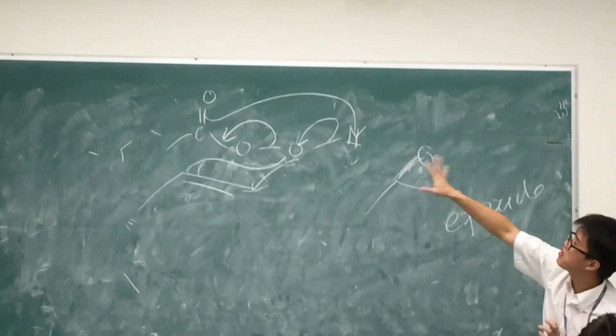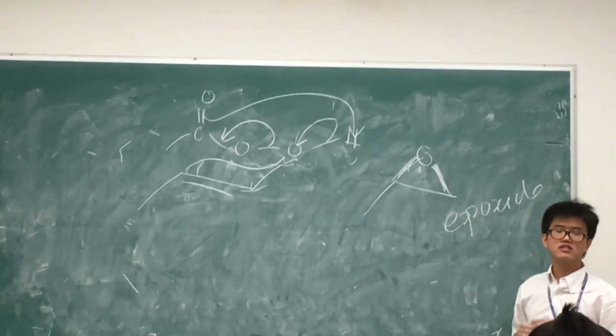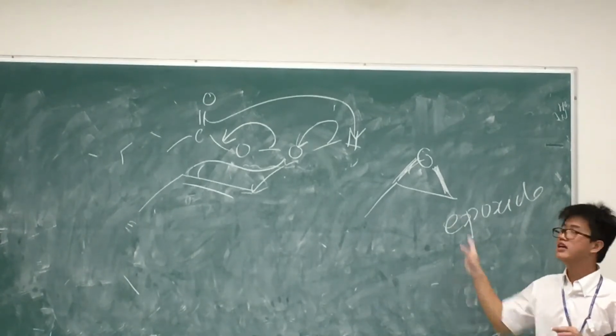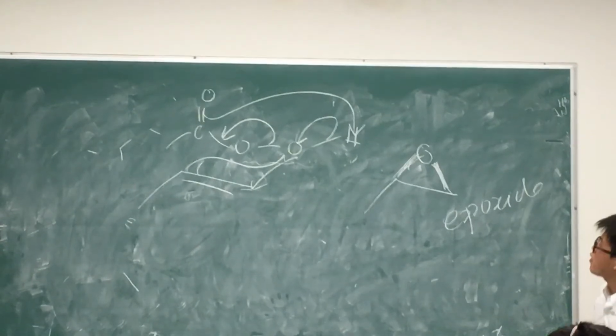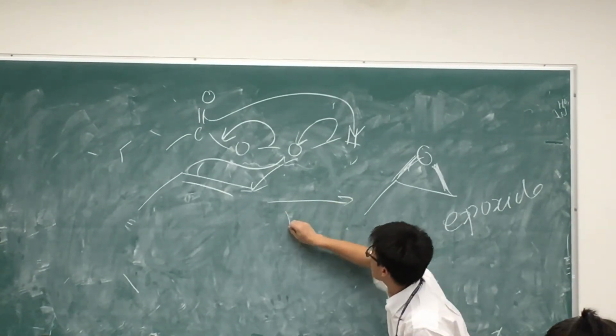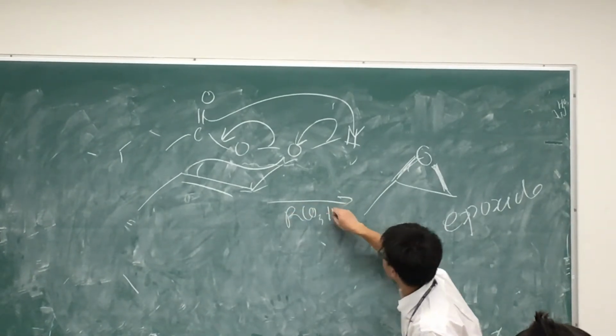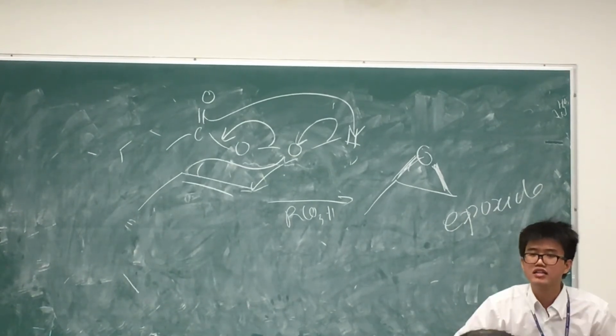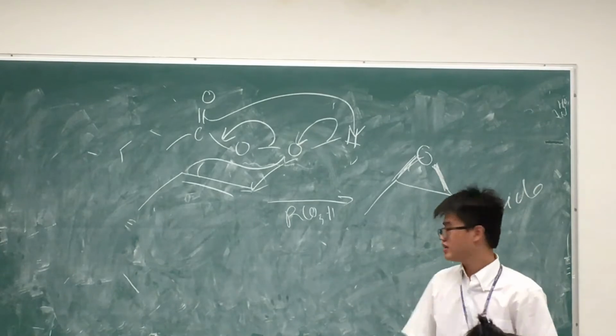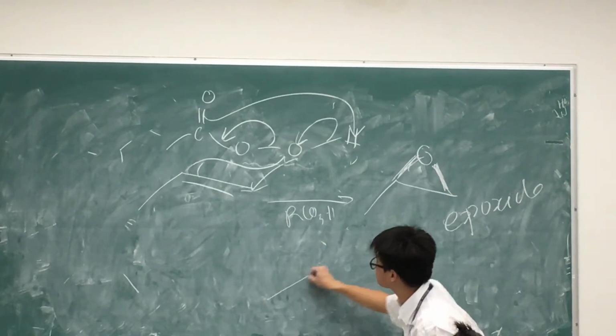You can follow the arrow and you will see. And this is a concerted reaction. Everything happens at the same time. But my point is, from this alkene, after CO3H, I get an alkoxide. This is what I want you to know for now. Done. Okay?